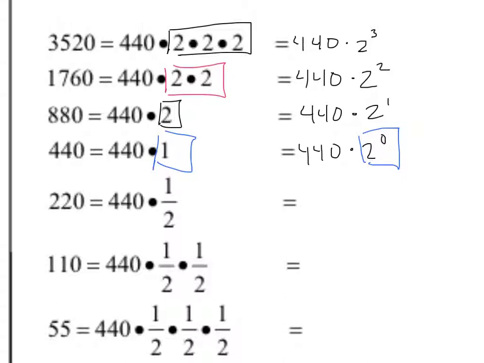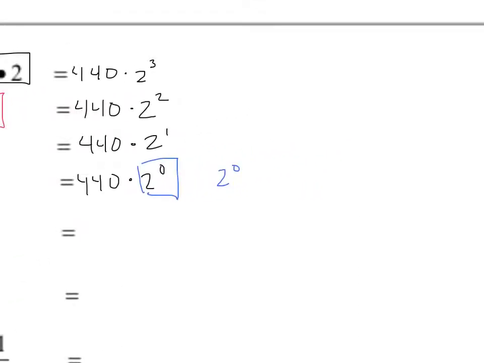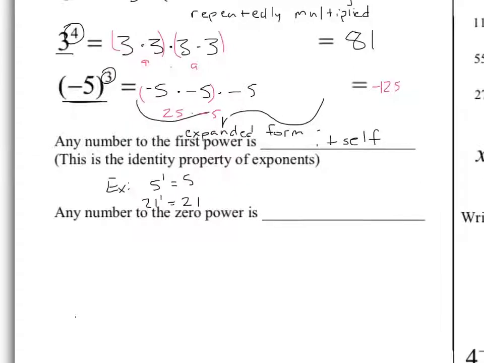So this is where our reminder comes in, where we talked about 2 to the 0 power is equal to 1. Now let's go back and fill in that blank over here. Any number to the 0 power is going to be 1. Anything to the 0 power is 1.